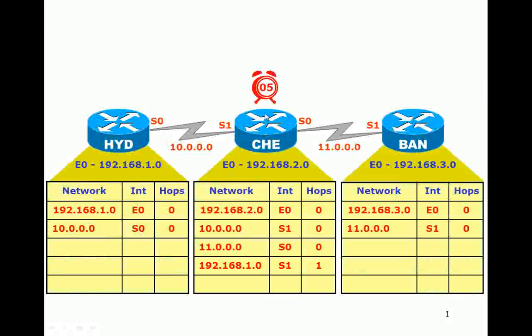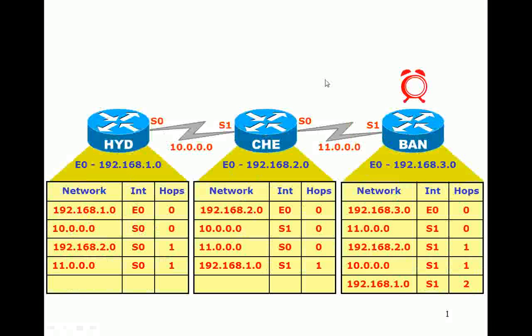Now this one is going to take 30 seconds to send this particular network to here. Similarly to here. Now he is going to send his information here. This is the concept of how a routing table inside the RIP topology sends information every 30 seconds.